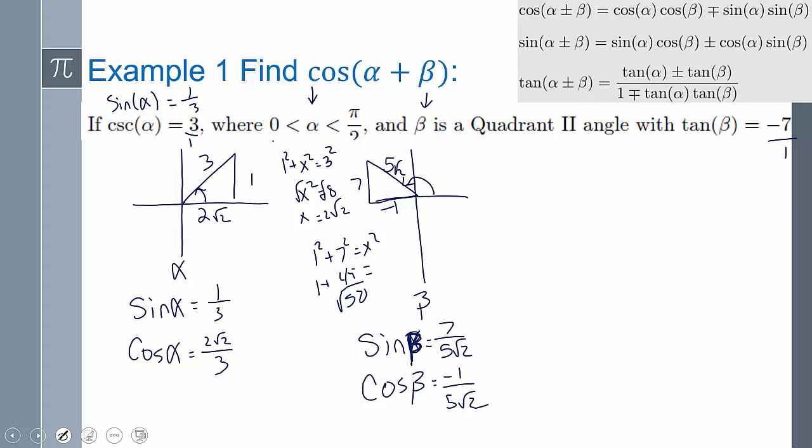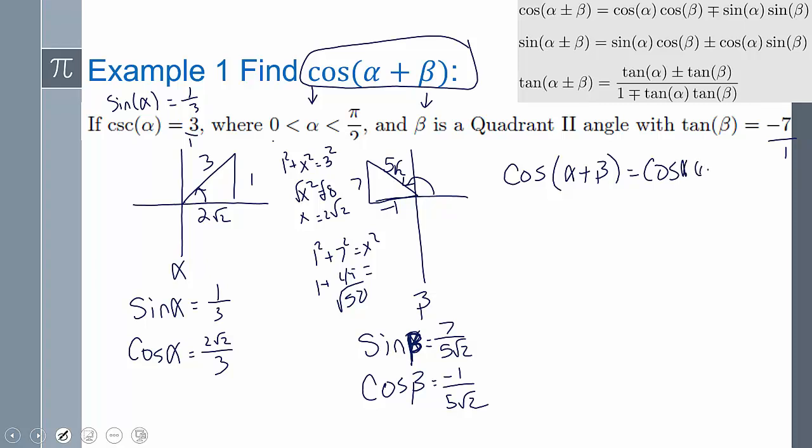Now, just to rewind, why did I do all this? Well, it's asking me to find cosine of alpha plus beta. Using the identity, that's cosine alpha, cosine beta, minus sine alpha, sine beta. So what is my cosine alpha?